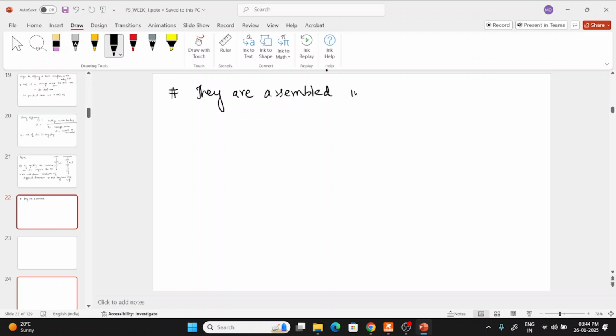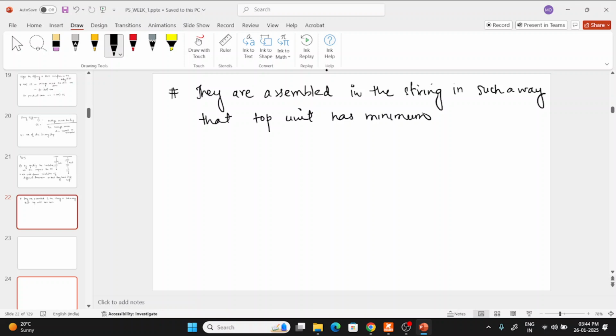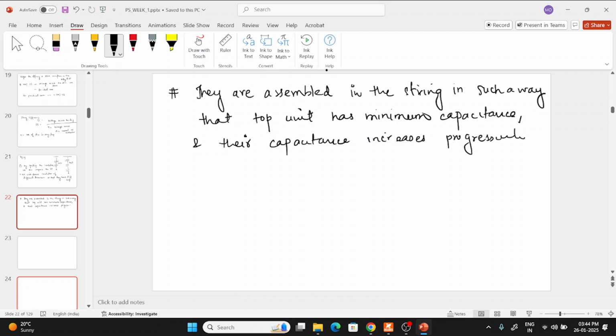They are assembled in the string in such a way that the top unit has minimum capacitance, and their capacitance increases progressively from top to bottom.